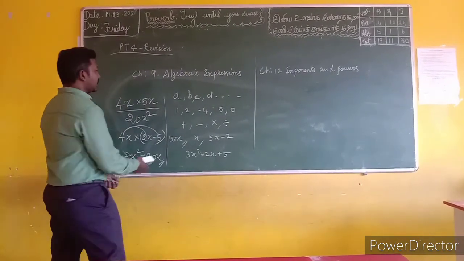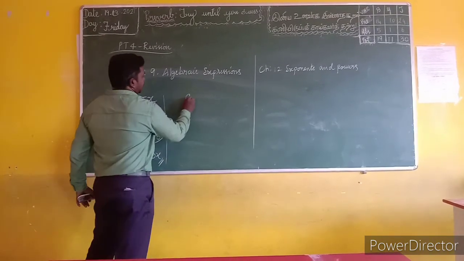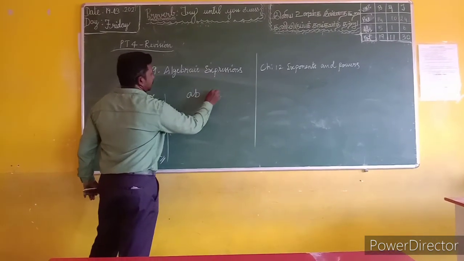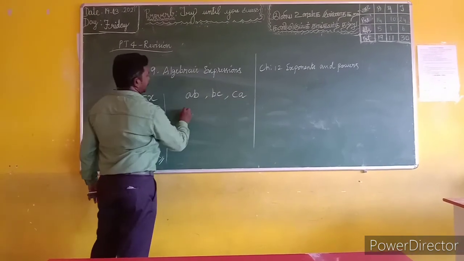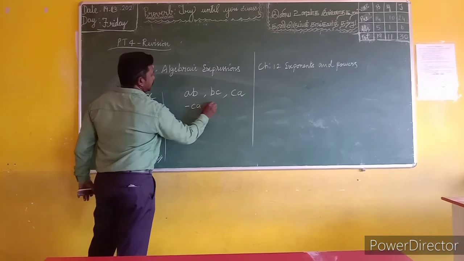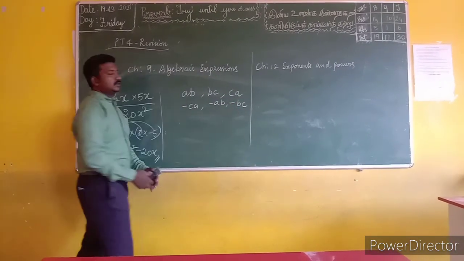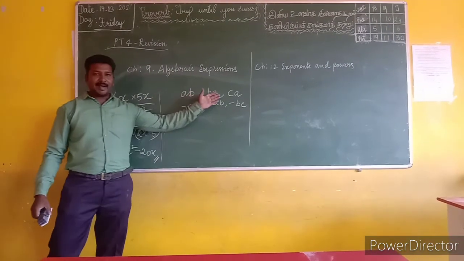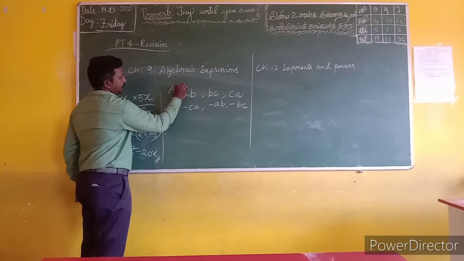How can we do the addition? AB, plus BC, CA, minus CA, minus AB, minus BC. So we are going to add all the expressions. How can you do that?